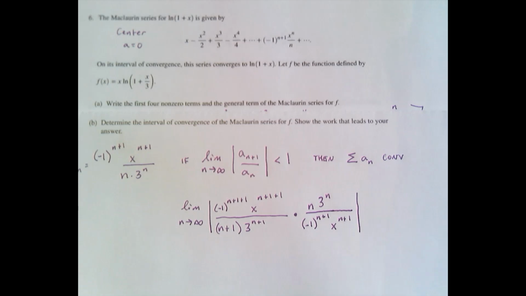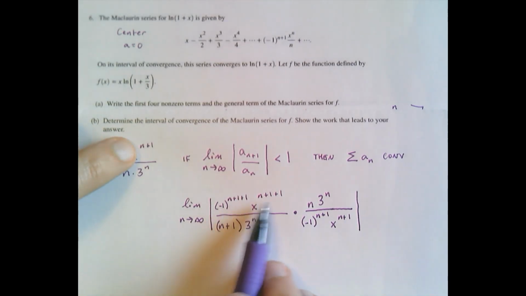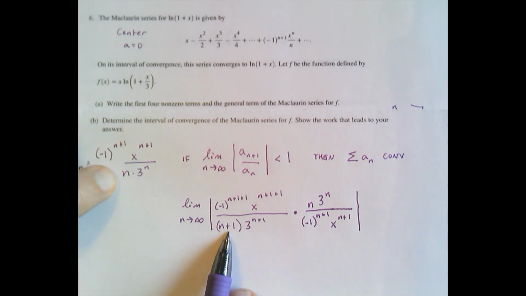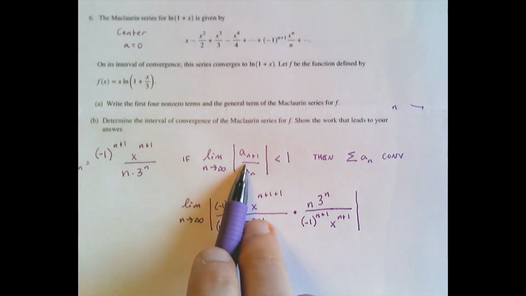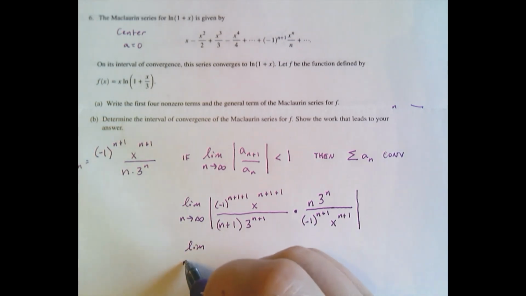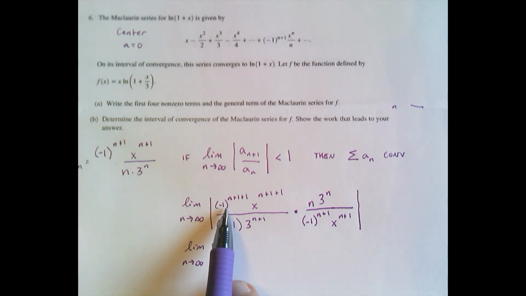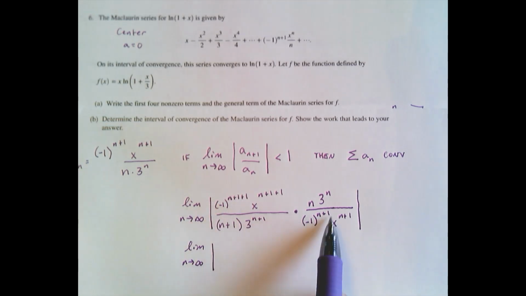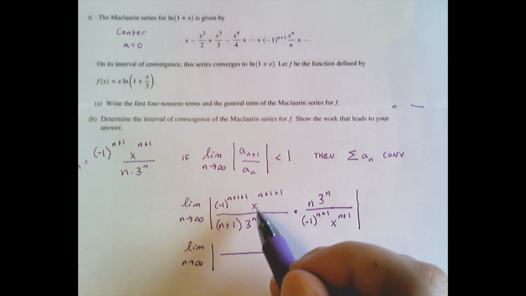So this is writing it all out. We replace all n's with n plus 1 for the n plus 1th term, and then multiply by the reciprocal of the nth term to account for that division. If we start simplifying this expression, we know that the absolute value of a positive or negative 1 will go away. It cancels. So then I go to my next piece.